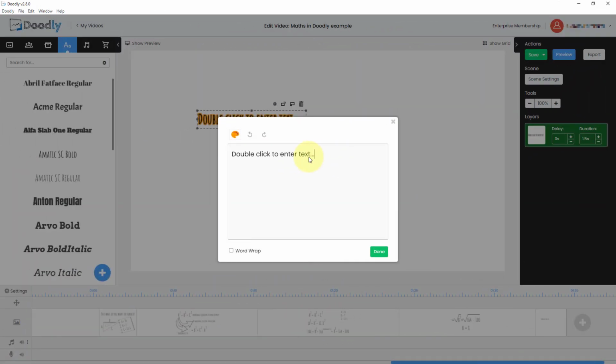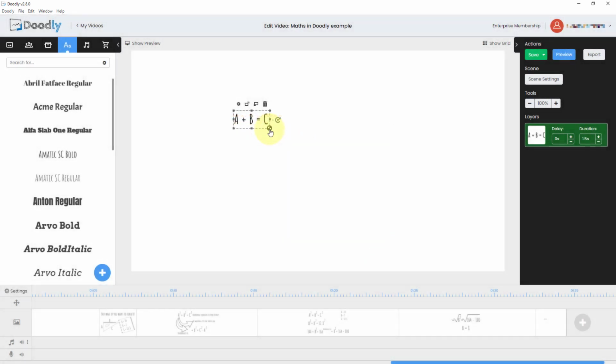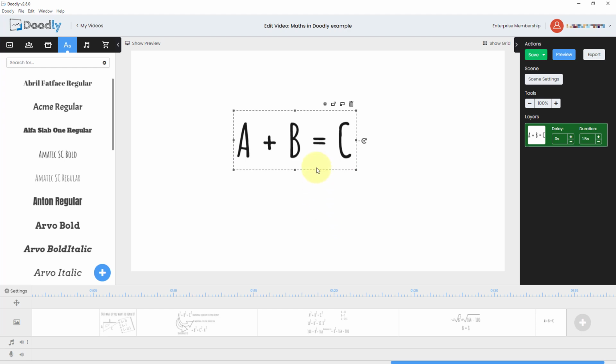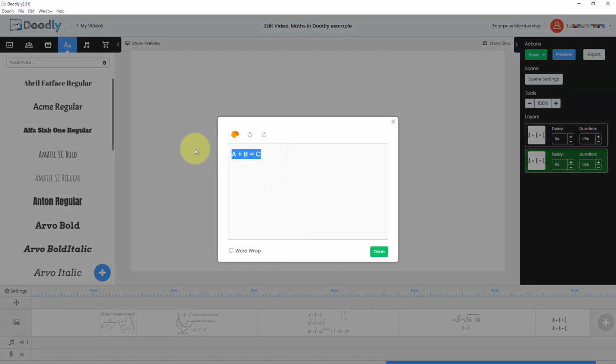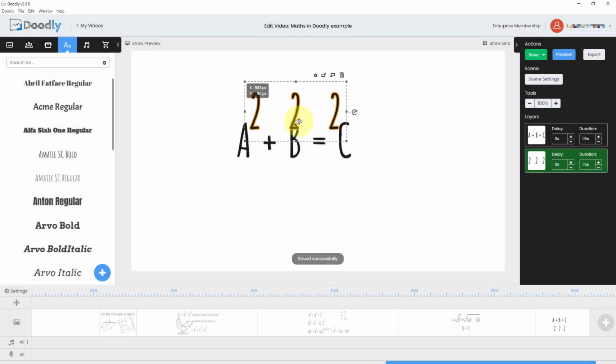Another thing we could do if we wanted to speed it up is split that equation into parts and draw in the parts. We could do a plus b equals c. We could put that in, make it as big as we want, copy and paste it, and change it, spacing those twos out and just adjusting it with spaces.